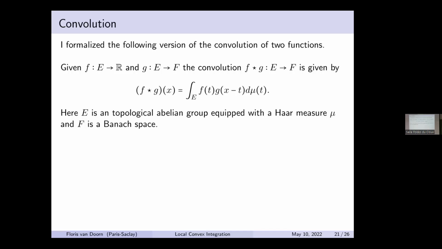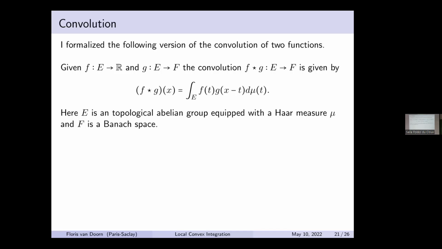It is a new function from E to F, which is given by the usual formula, except that, as in Sebastian's talk, I have to choose some higher measure on E. Then we take the integral over all of E of f and then the shifted and flipped g, multiplied together.